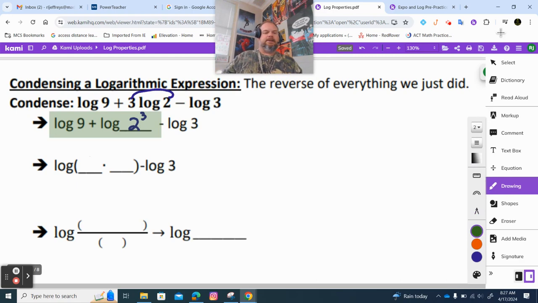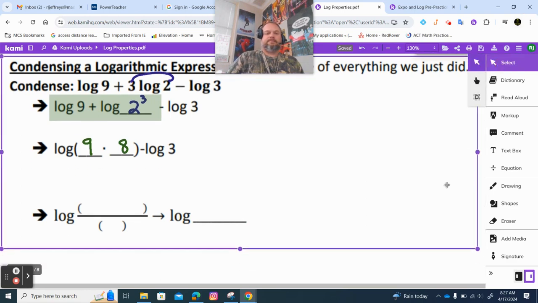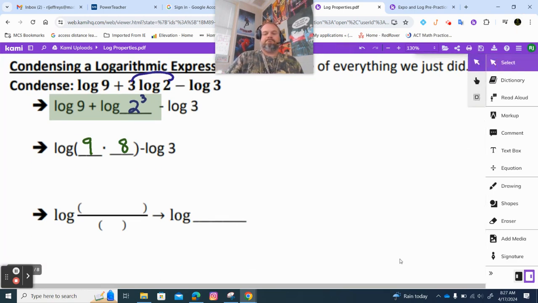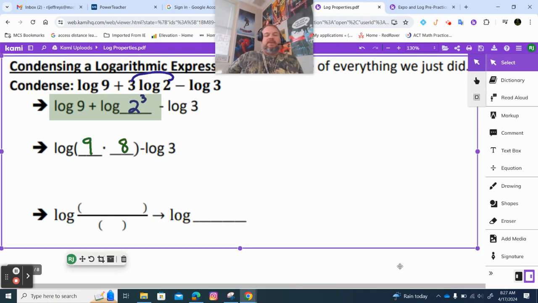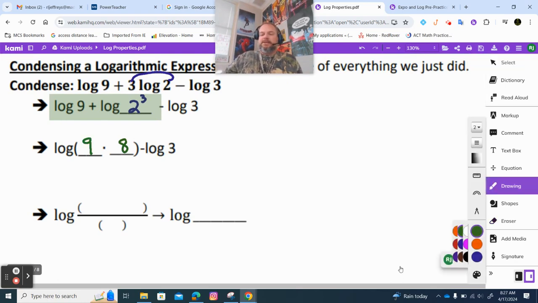Get in there, right color. All right. Well, what is 2 to the third power? 8. Yeah. It was very quiet when I asked that. All right. We have this and subtract 3.